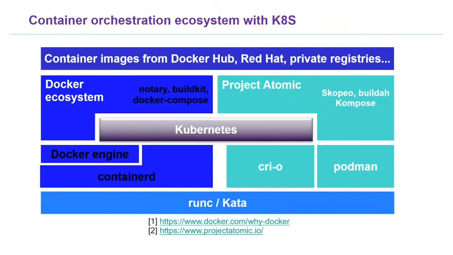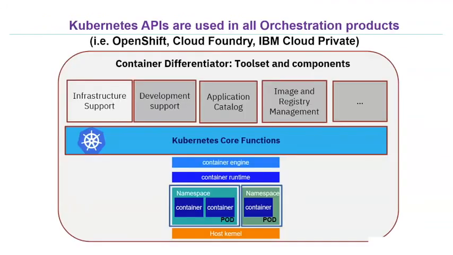Now, looking at Kubernetes from the Docker and non-Docker perspective, you see on the left side the Docker tool set, and on the right side the tool set that is coming with Red Hat and OpenShift, basically Skopeo, Buildah, Podman, and CRI-O, and therefore it is the possibility to use all of them with Kubernetes. So therefore, if you know Kubernetes, you can use all of them.